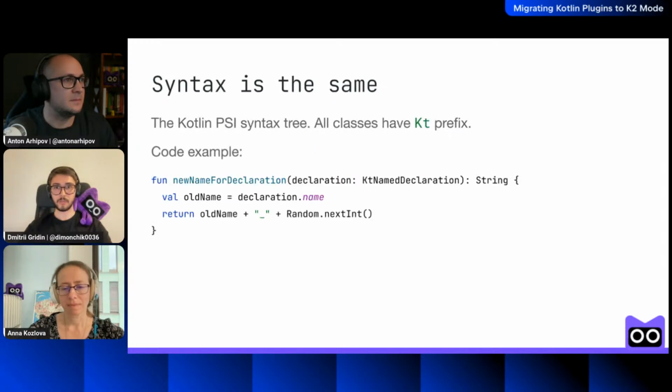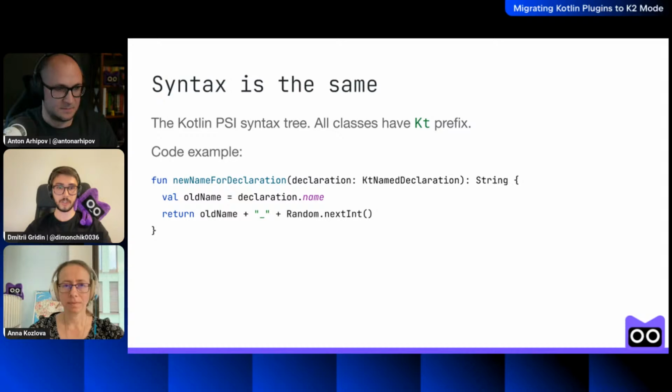So let's now look at what is the same for K1 and K2. Both of them share the same syntax, also named the Kotlin PSI syntax tree, and you may know it by the Kt prefixes. In the code example, it's a regular function where you have KtNamedDeclaration, which represents, for instance, a property, function, or class with a name.